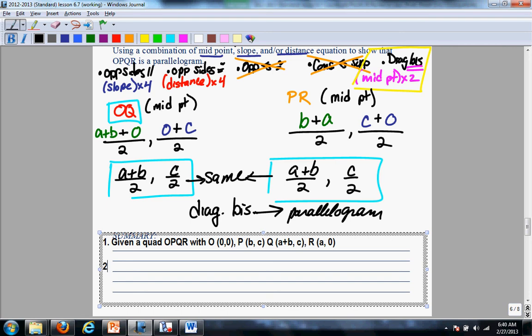Then we did this. We found the midpoint of OQ is A plus B over 2, comma, C over 2. The midpoint of PR is also A plus B over 2, comma, C over 2.